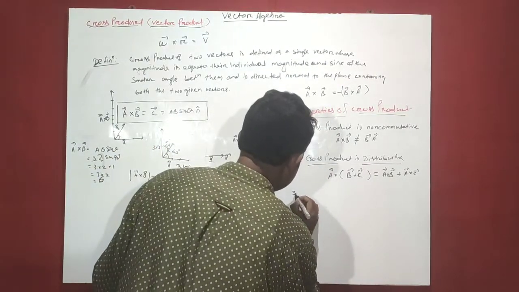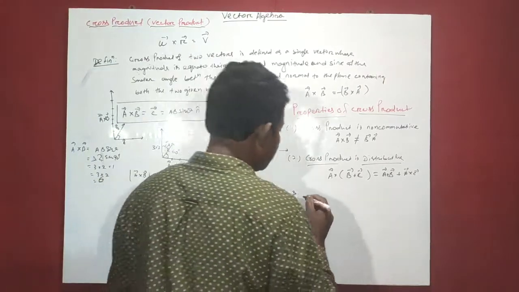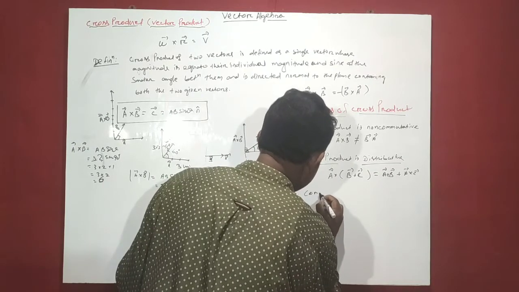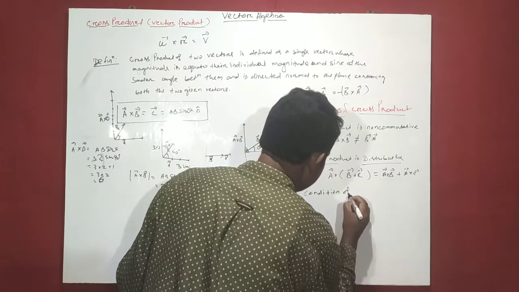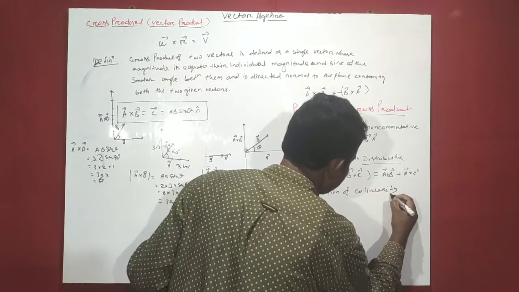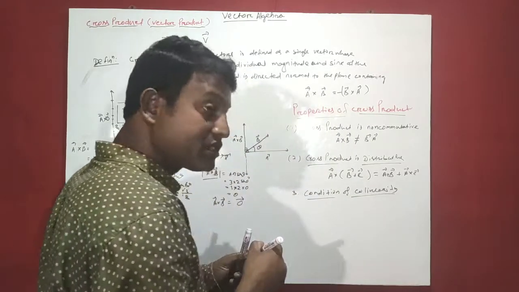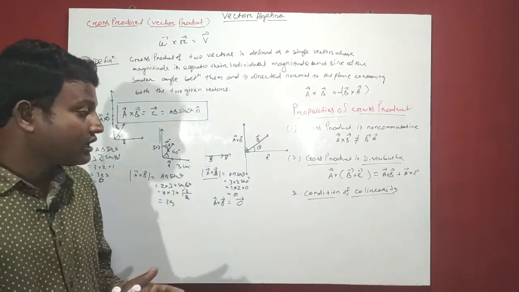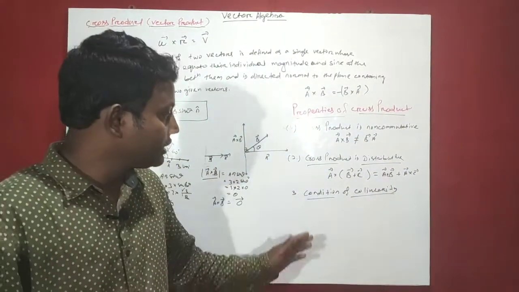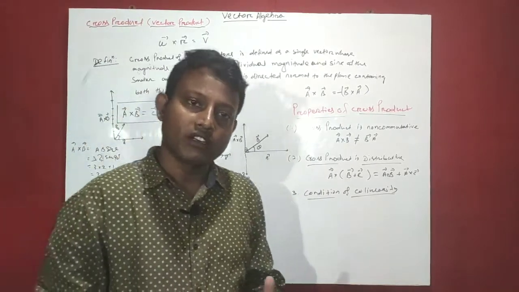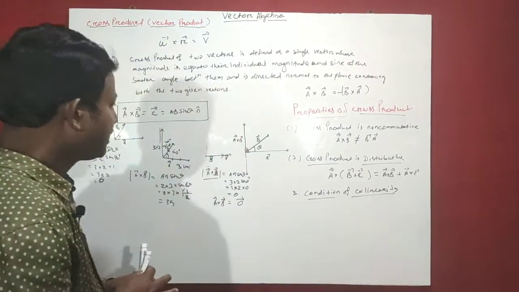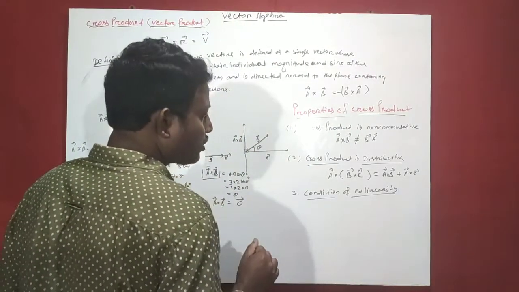Next, condition of collinearity. What is the condition of collinearity? When the cross product of two vectors is a null vector, then we say that these vectors are collinear.